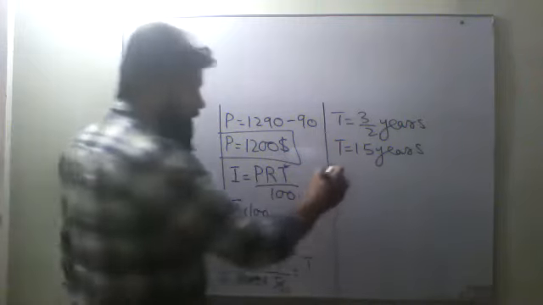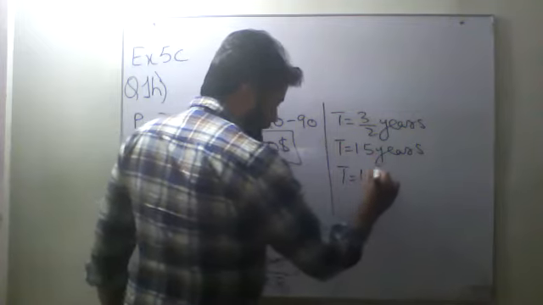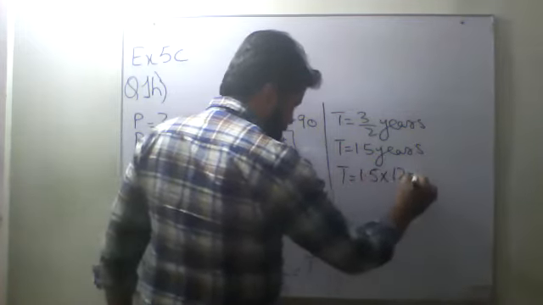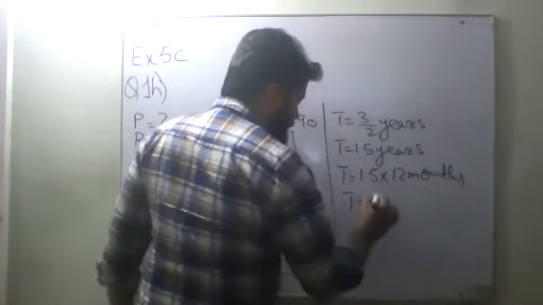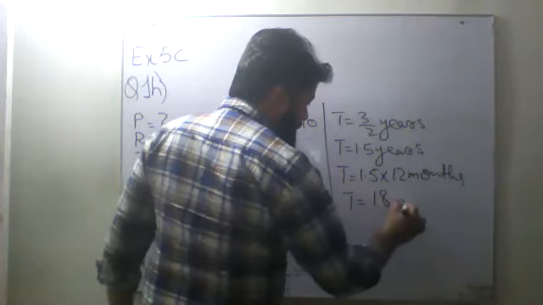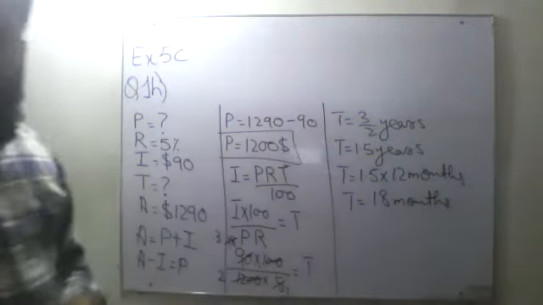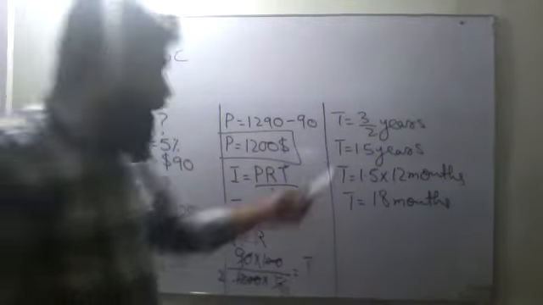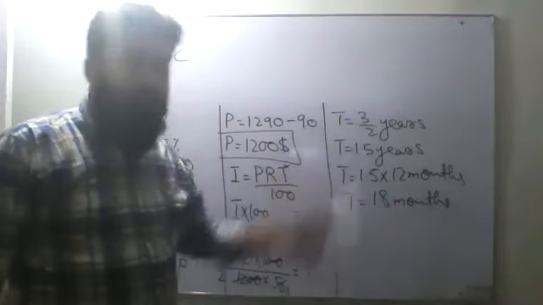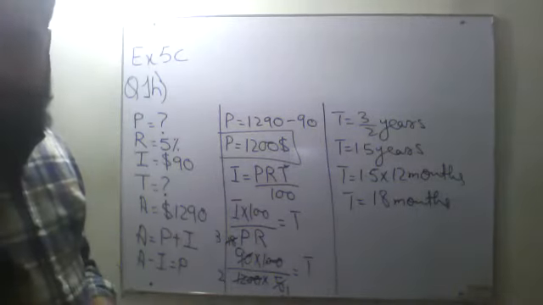So 1.5 multiplied by 12, it can be written in months. So it equals 18 months. That will be your final answer. Okay. Over here, they are not telling us in which form I have to give the answer, so I have given it in both forms. It's totally your choice in this question how you want to answer it.